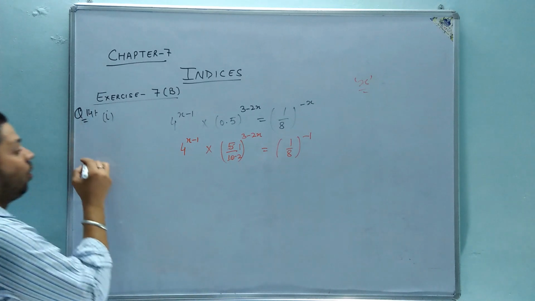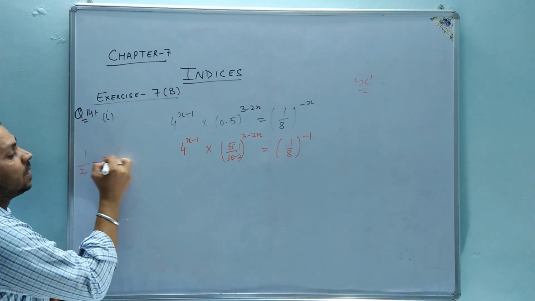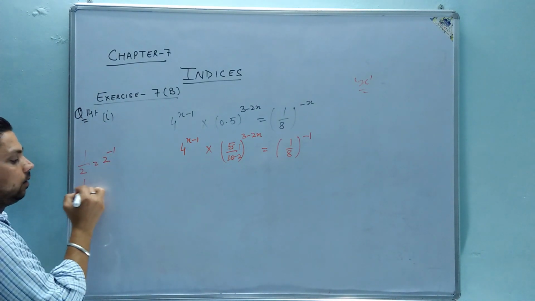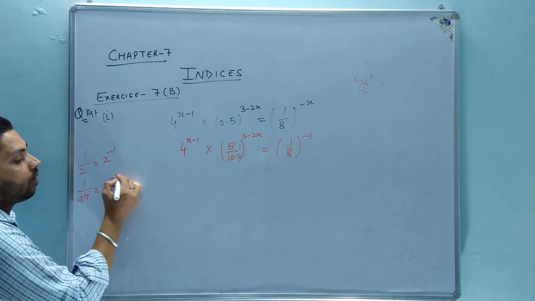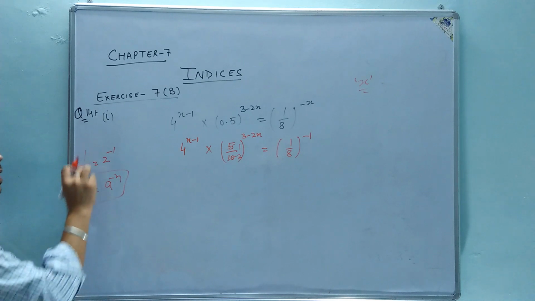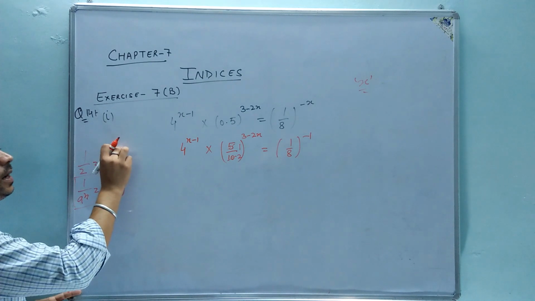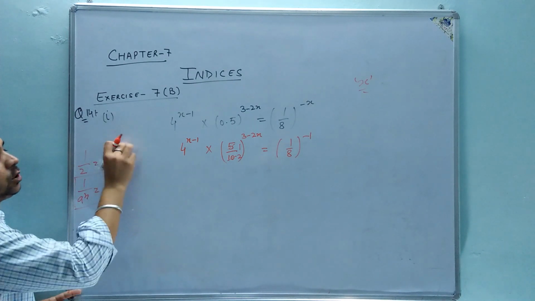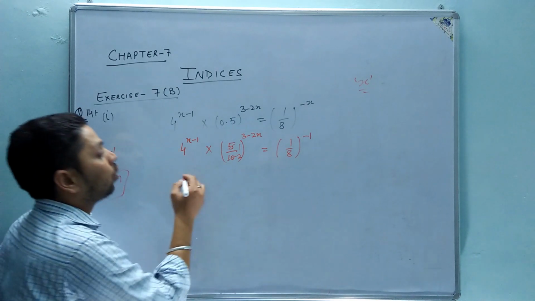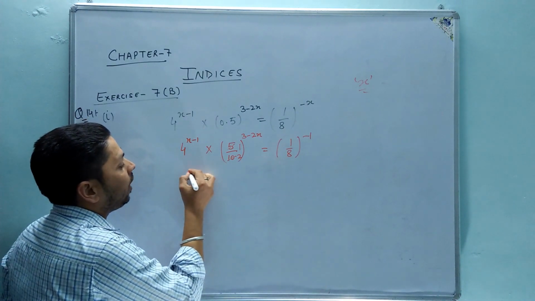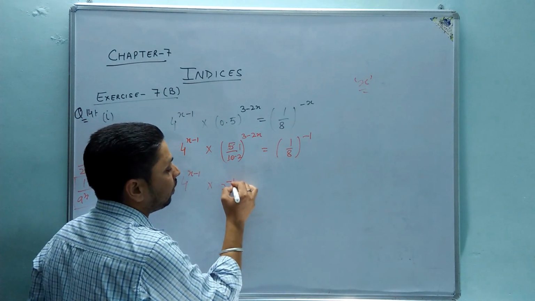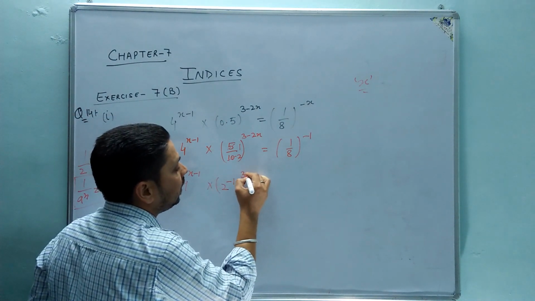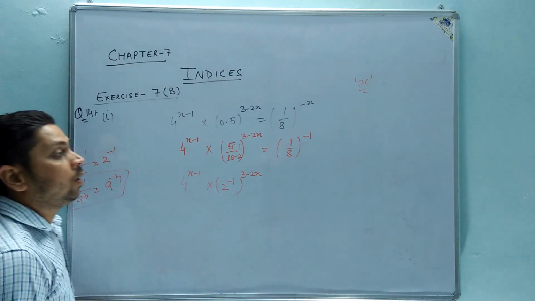Now 1 over 2 can be written as 2 raised to power minus 1, using the property that 1 over a raised to power n is equal to a raised to power minus n. So we have 4 raised to power x minus 1 multiplied by 2 raised to power minus 1, whole power 3 minus 2x.